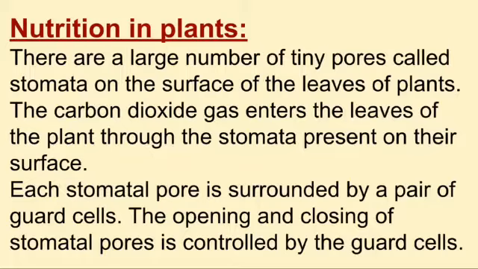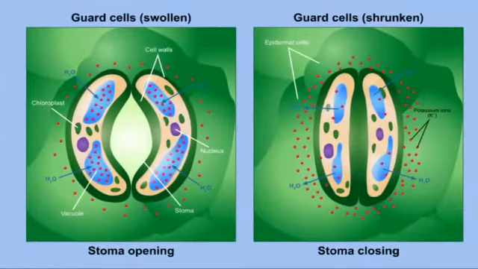Each stomatal pore is surrounded by a pair of guard cells. The opening and closing of stomatal pores is controlled by the guard cells. So it has a very important function. It has two main functions. Mainly they allow gaseous exchange and act as an entryway for carbon dioxide, and they release the oxygen that we breathe.